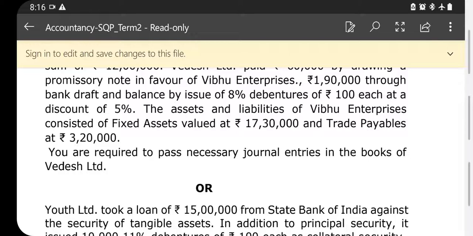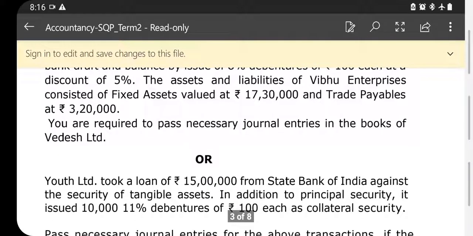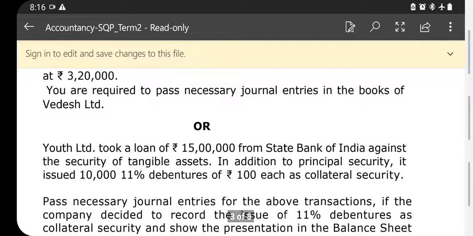The assets and liabilities of Vibhu Enterprises consisted of fixed assets valued at 17,30,000 and trade payables at 3,20,000. You are required to pass necessary journal entries in the books of Videsh Limited.